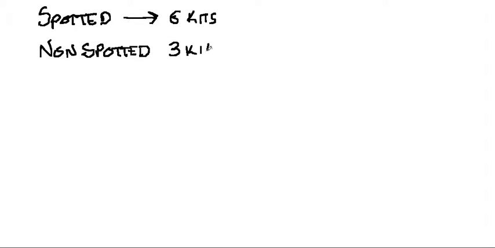And if we look at the non-spotted individuals, we find that on average, spotted moms give birth to 6 kits over their life. Non-spotted give birth to 3 kits over their life. So now we have to try and figure out what the value of S is.